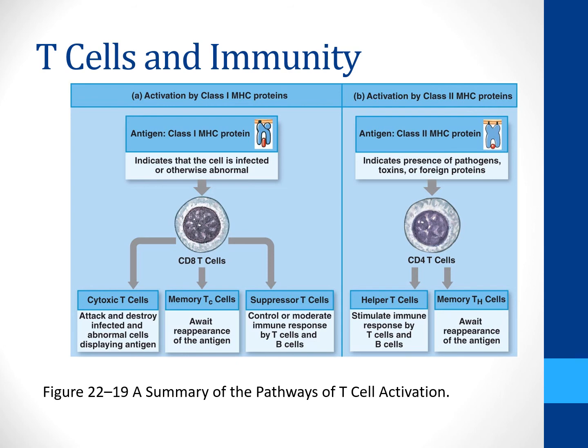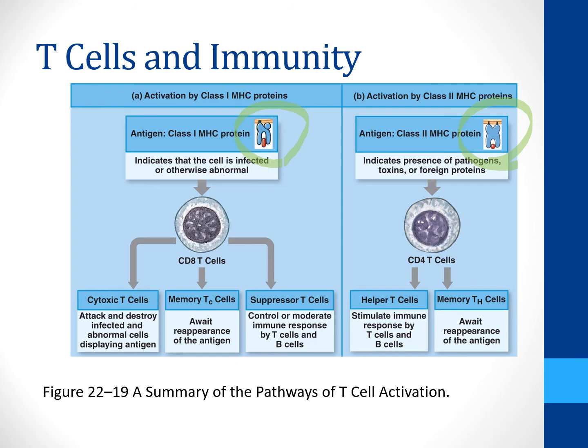So just to recap here, we've got the infected cell, which is going to have either the class 1 or class 2 MHC protein. And you can see that there's a little bit of a difference in the shape between the MHC1 protein and the MHC2 protein.